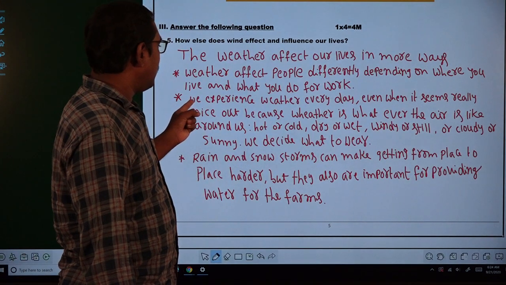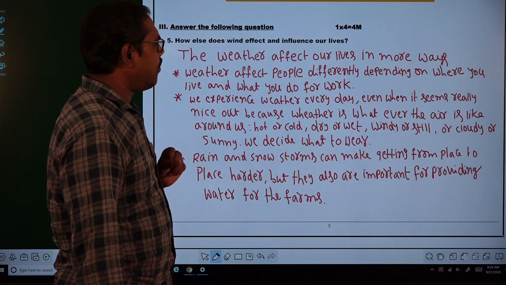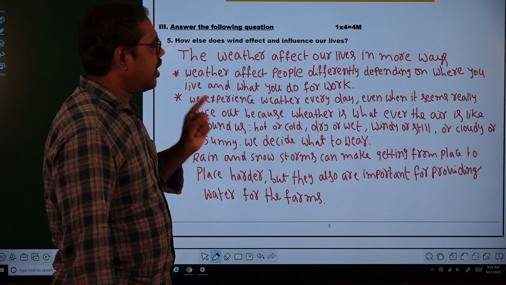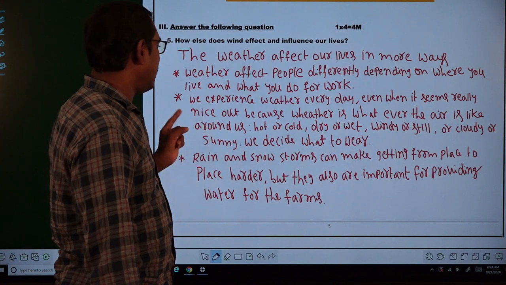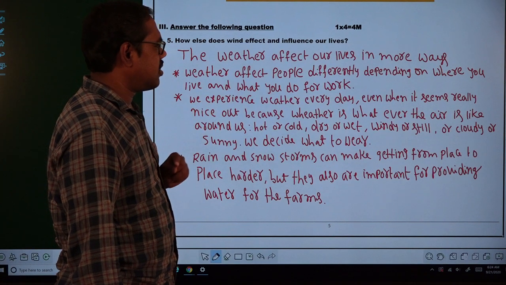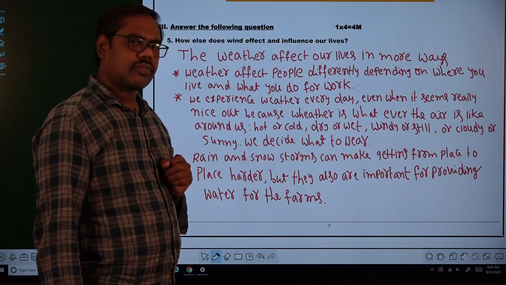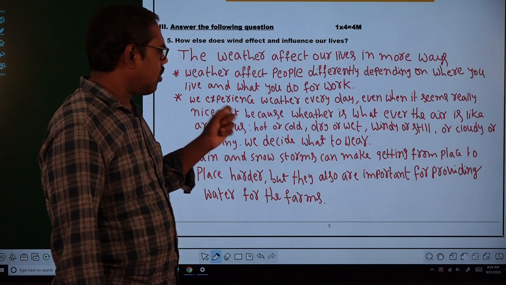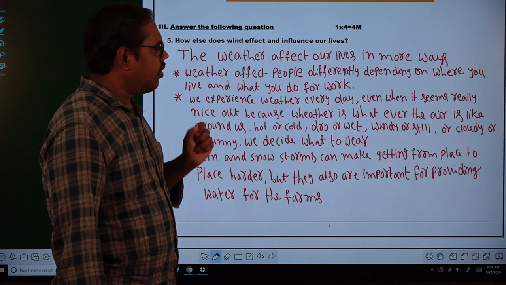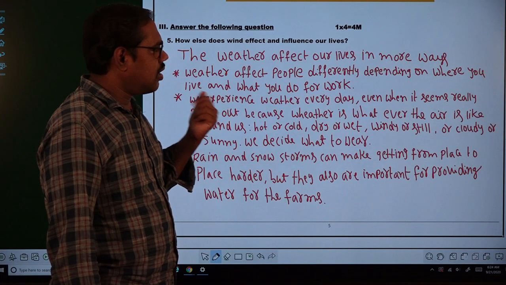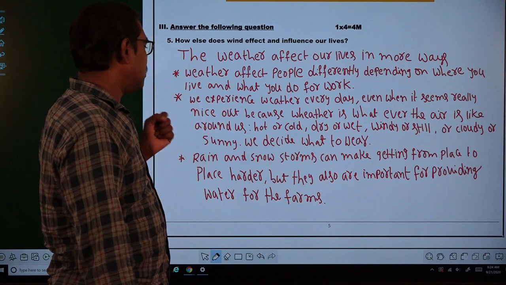We experience weather every day, even when it seems really nice out, because weather is whatever the air is like around us. For example, hot or cold, dry or wet, windy or still, cloudy or sunny.